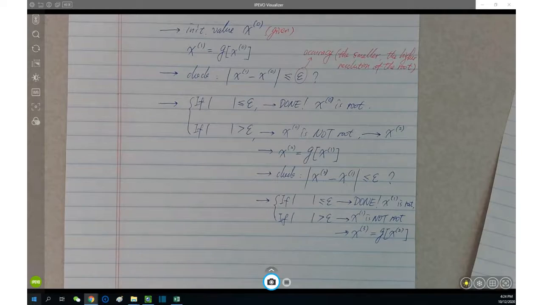Does it make sense? Derive the next step iteration result, and then check. Based on the result of the check, you decide to move on or just stop.